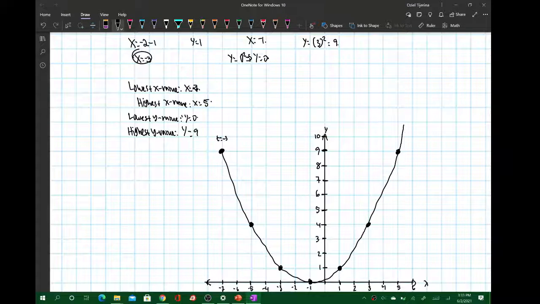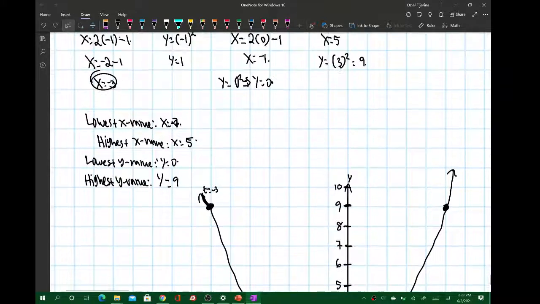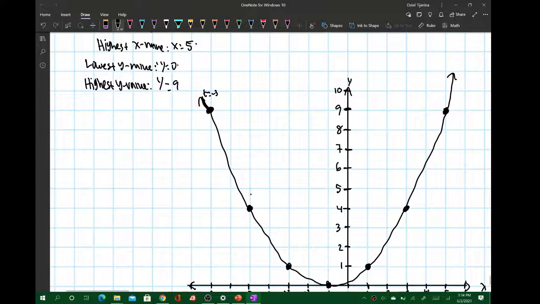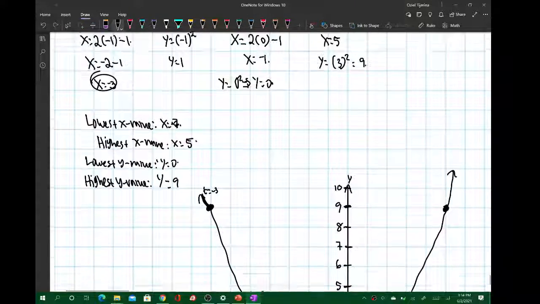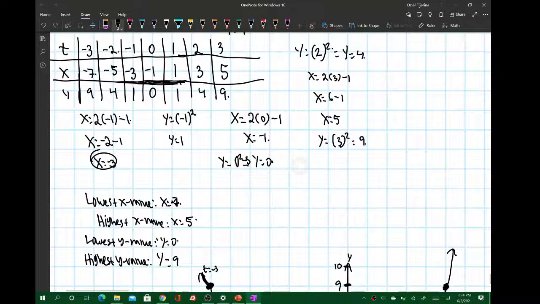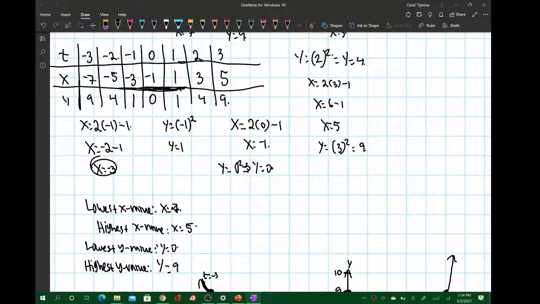Now, what I want to make sure we understand is that, like I said, as we go along, we're going to put the t values. At -5, t was -2. At -3, t was -1. At x equals -1, t was 0.